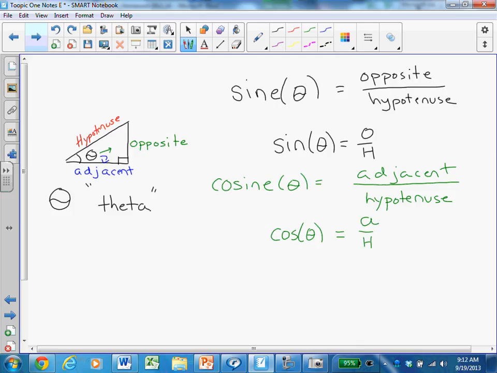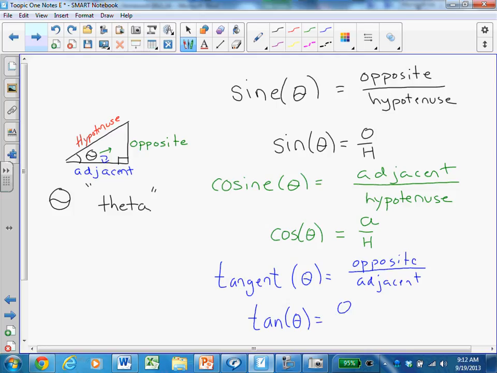And then the last one for us is tangent of theta, which is the opposite over the adjacent, and that is tan theta equals O over A.